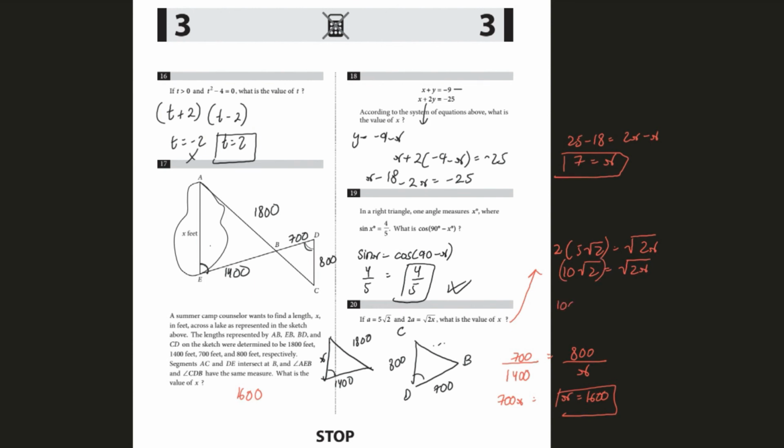So 100 times 2 is equal to 2x. 200 is equal to 2x. 200 divided by 2 is 100. So x is equal to 100. And this basically sums up the non-calc section of practice test 1.